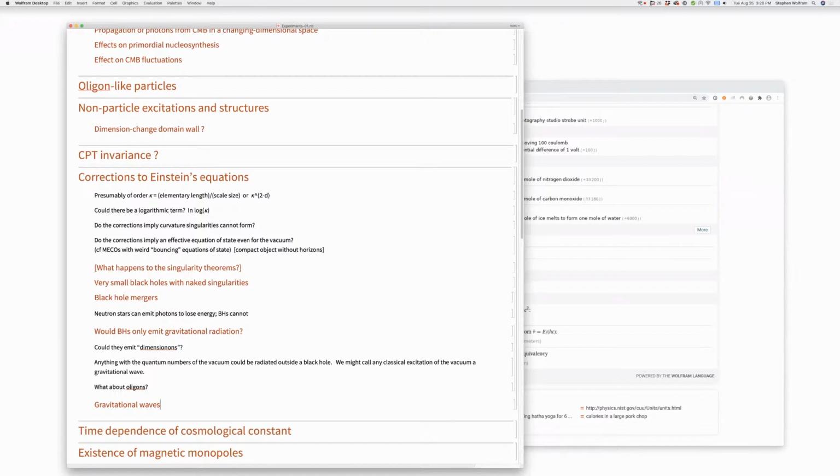But, you know, for example, one thing we don't really know is what the classical excitations of our spacetimes are. Right?